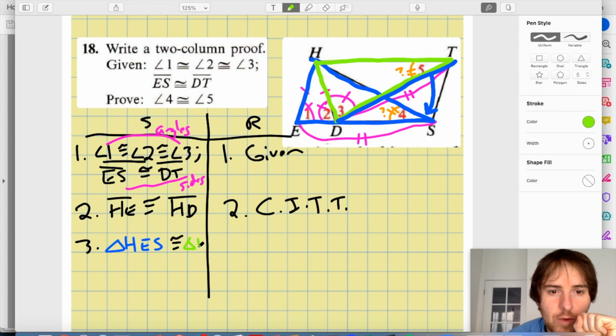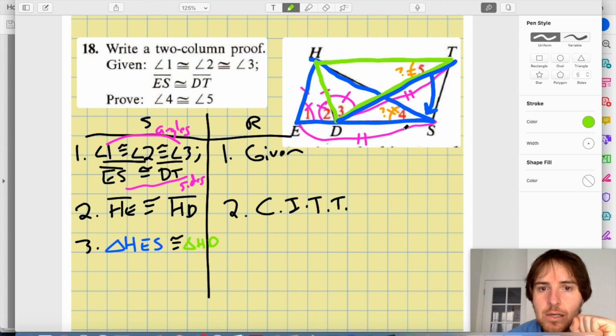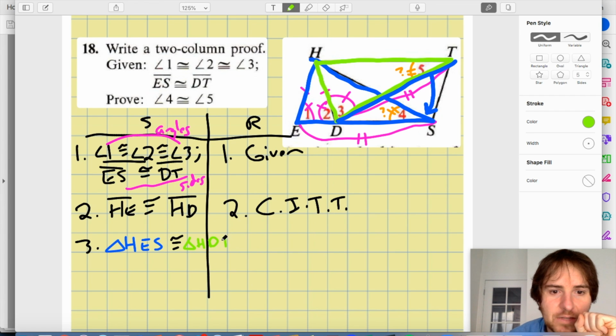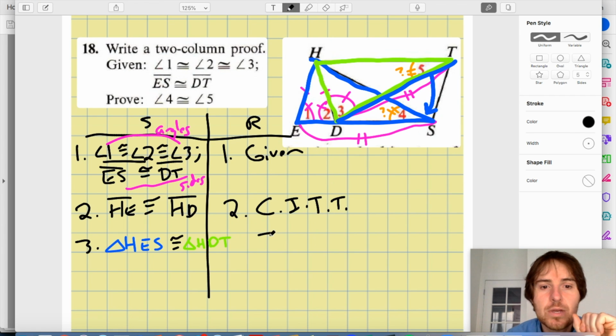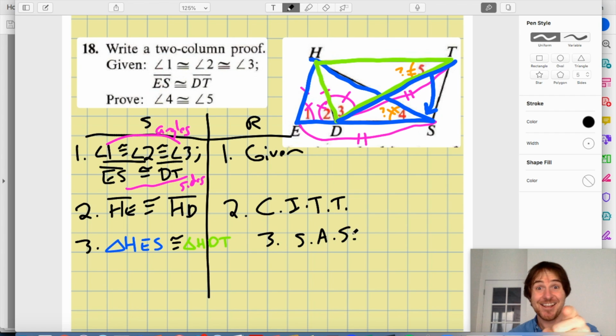So I'm going to do it in the correct correspondence here. HD. And then what else? ES corresponded with DT. So that means ES, and then perfect. We have a D there, DT. There we go. Triangle HES is congruent to triangle HDT. And the reason for that is SAS, my friends. SAS, yes, SAS, my friends. And there we go. We got it now.